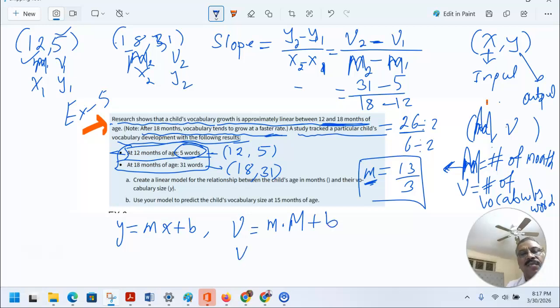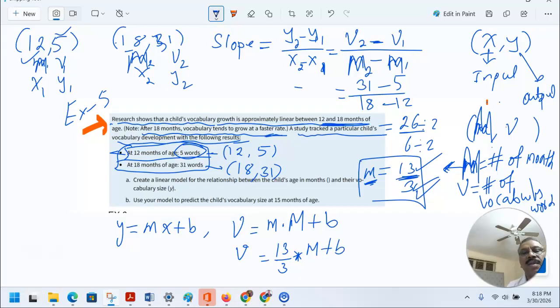So the equation becomes V equals, and this we know is 13 by 3. It means every 3 months, 13 new vocabulary words are learned, times the M plus B.